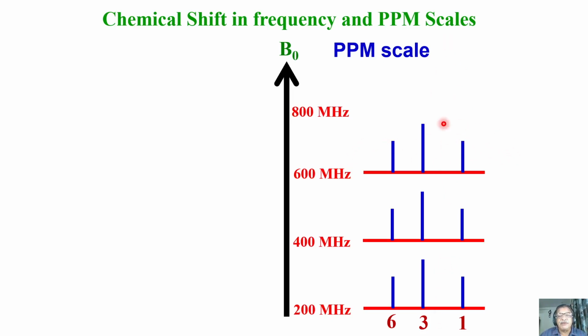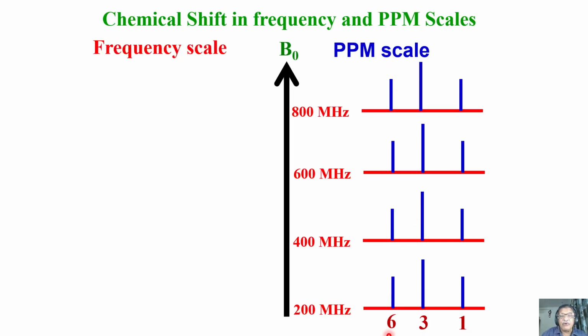The same 3 peaks always come at the same ppm values. Go to 800 megahertz, exactly the same. So when you express in the ppm scale, the chemical shift values remain unaltered. Always, when you express in ppm, the peak positions remain the same whatever the spectrometer frequency you measure.